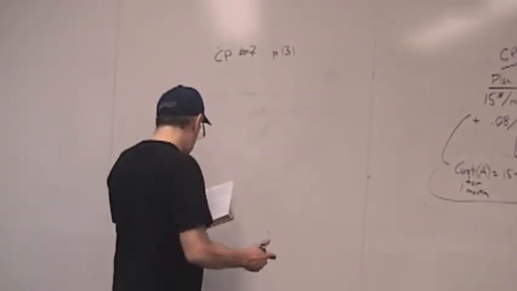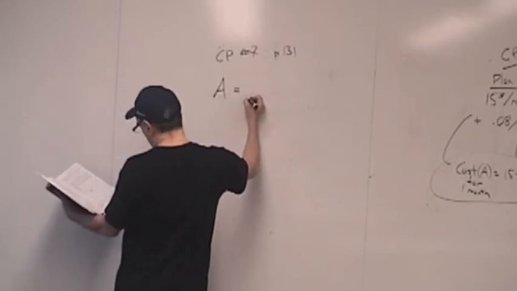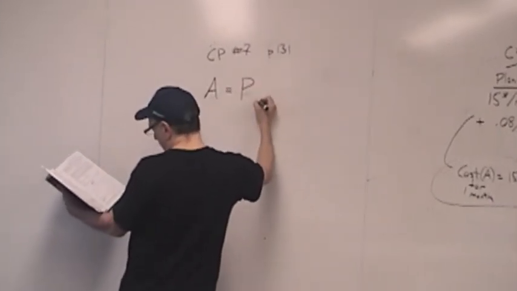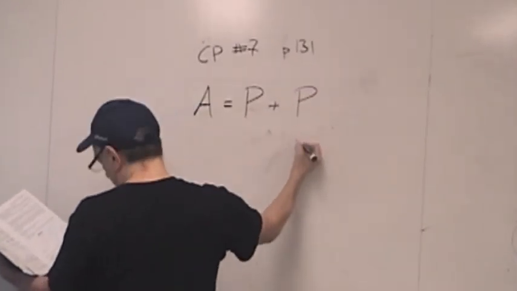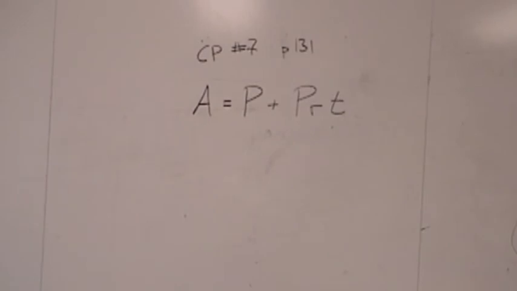Okay, so checkpoint 7, we're looking at this equation involving capital A, capital P, and lowercase r and t. So there's no numbers here, just variables.